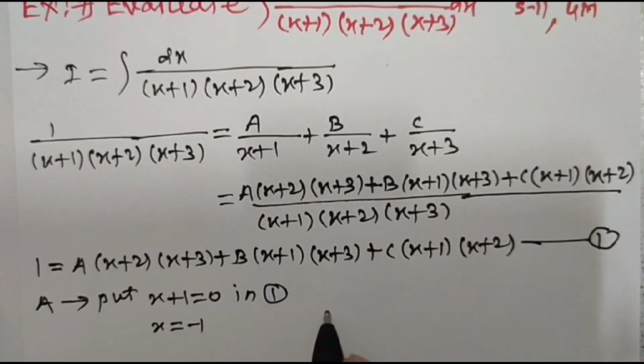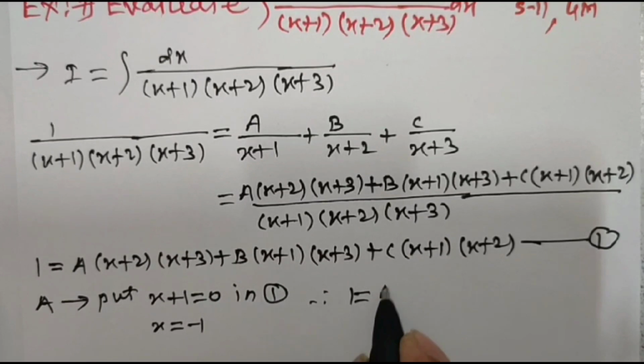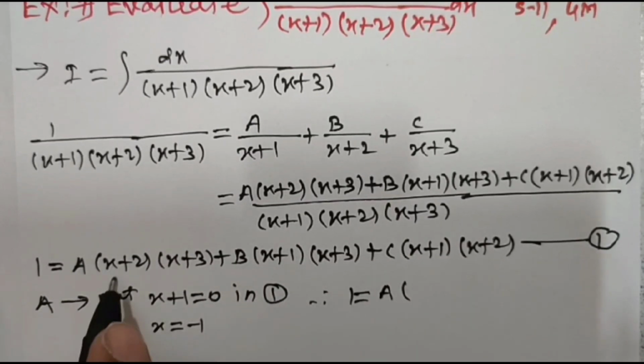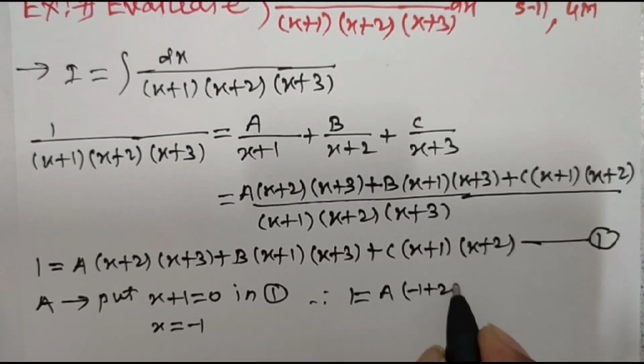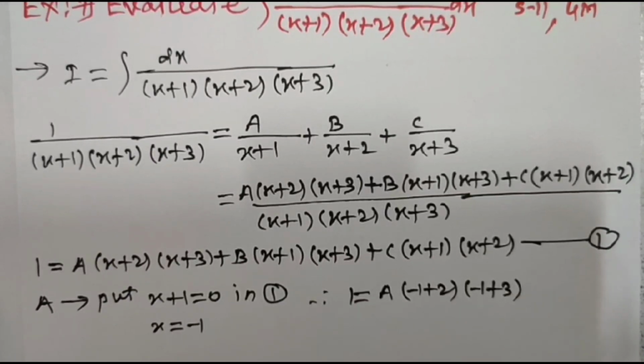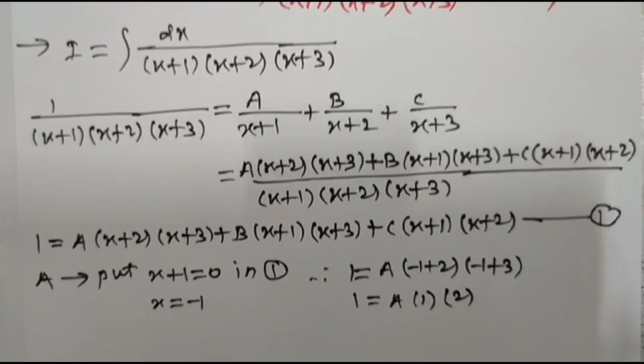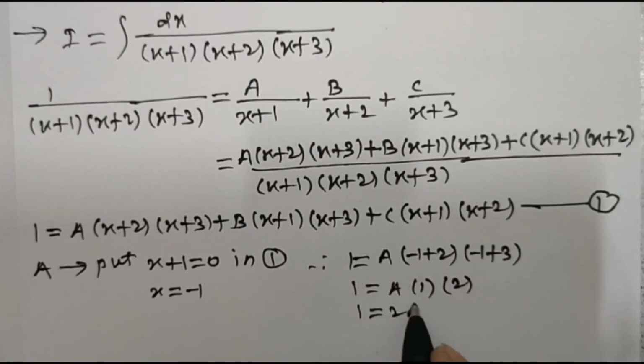Hence 1 = A(-1+2)(-1+3). That is 1 = A times 1 times 2, hence 1 = 2A and A = 1/2.